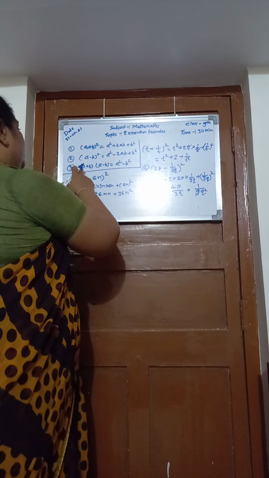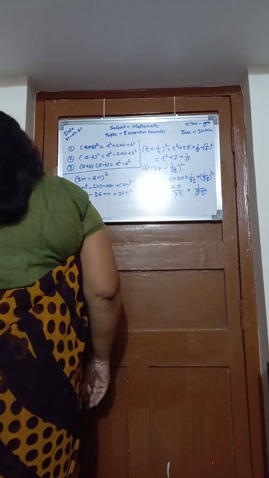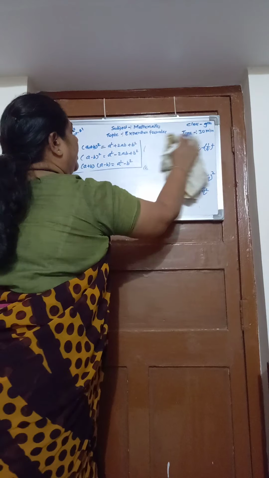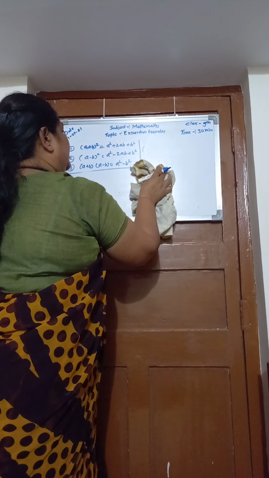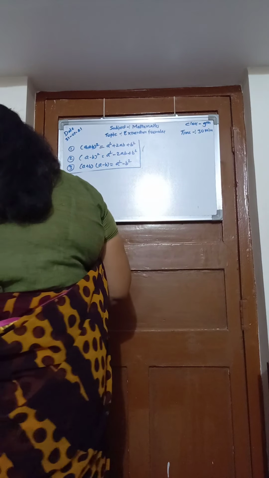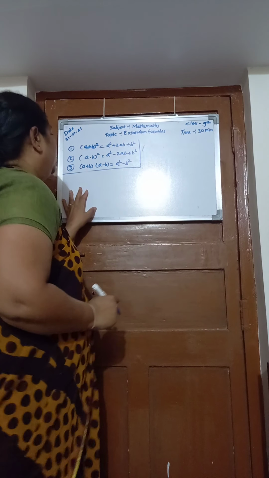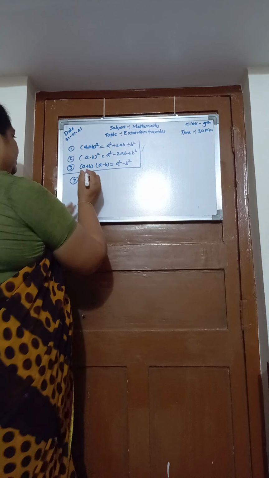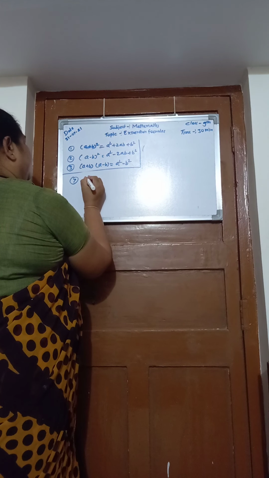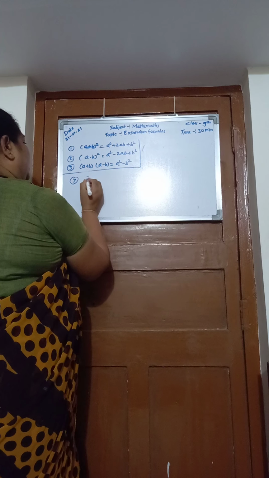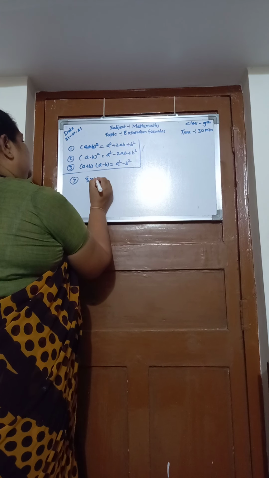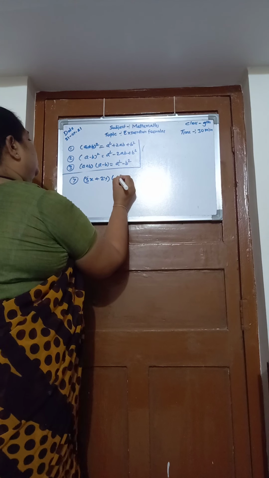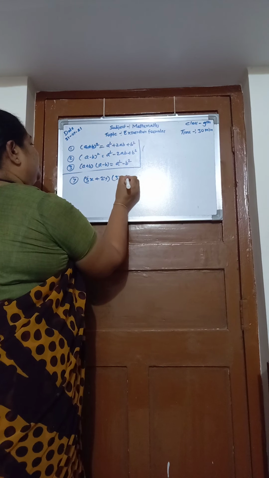After this we have to apply the third formula also. Now the next problem is 3x plus 2y into 3x minus 2y.